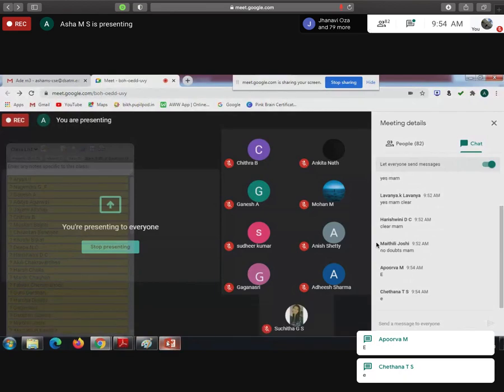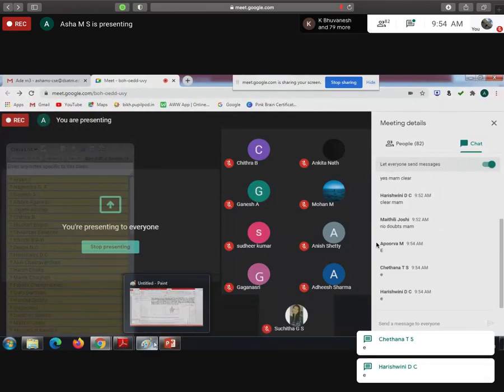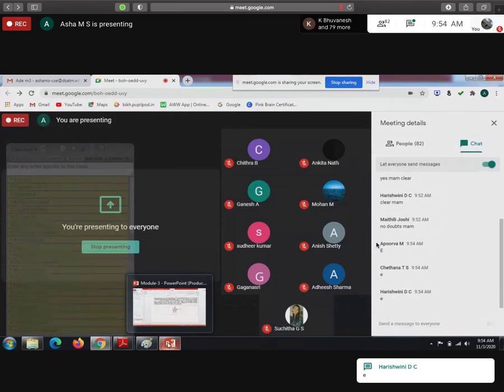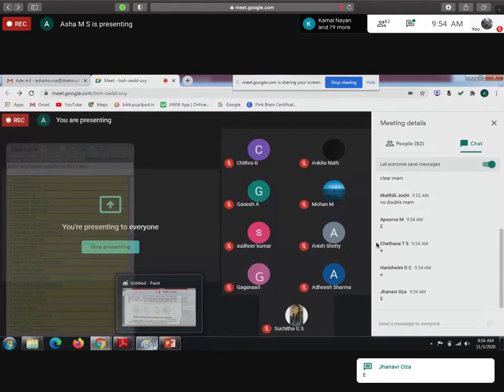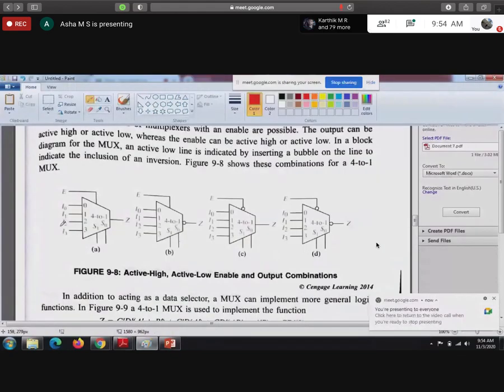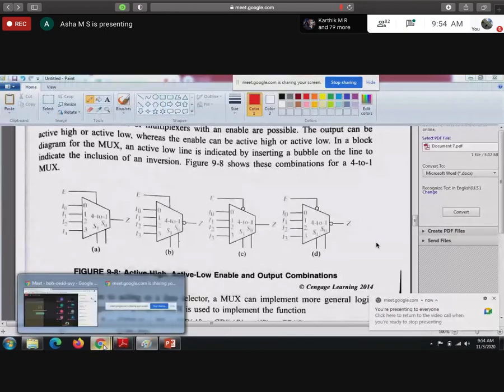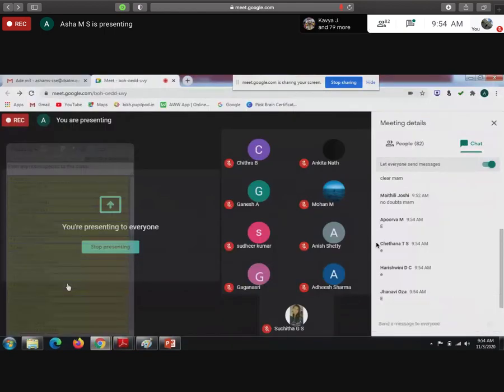So you can see one extra input called enable, correct? Before explaining this enable, whatever multiplexer we studied till now, that is 2 to 1, 4 to 1, 8 to 1, is it going to invert the data input, or whatever we give, will it be reflected at the output side?